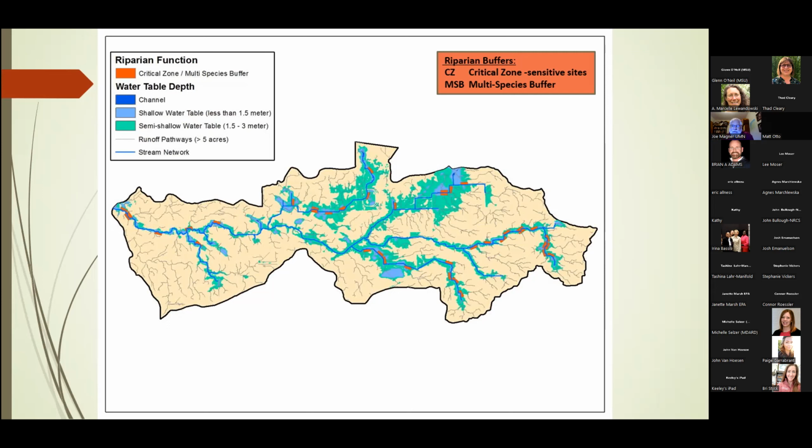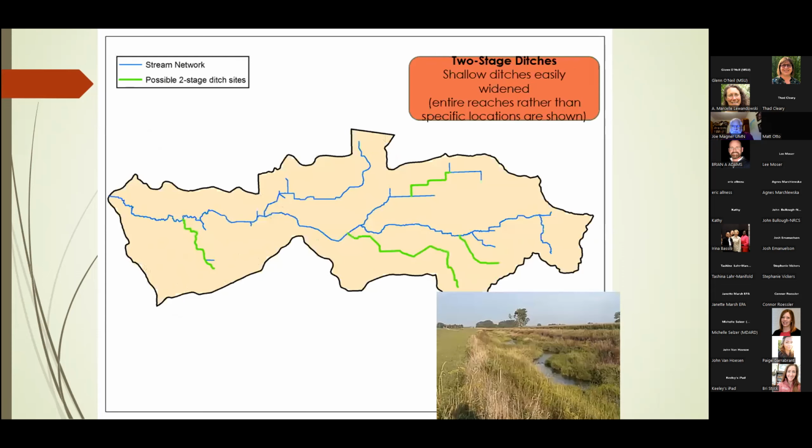And obviously with any model, with any tool, there needs to be a certain amount of field validation. The actual location of the water table, which may be shown on the map here, didn't always line up. So that field validation is important to get some of that done before you really start pushing these maps.